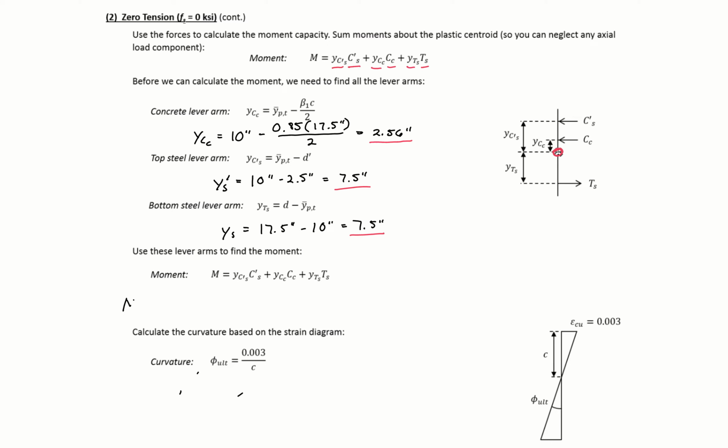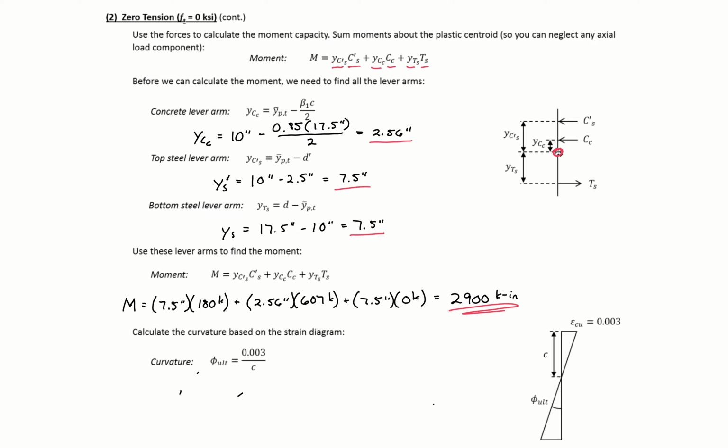Our moment here is going to be equal to 7.5 times 180 plus 2.56 times 607 plus 7.5 times 0, which will give us a moment here of 2,900 kip-inches. So this is our moment to complete our point.